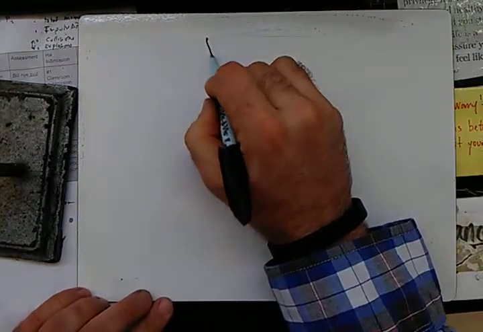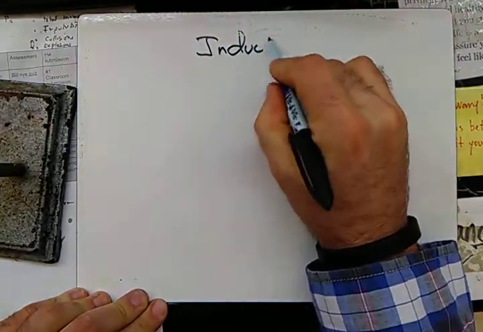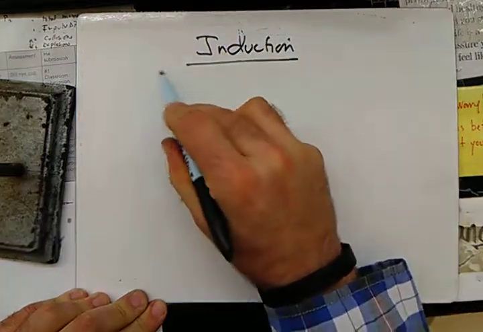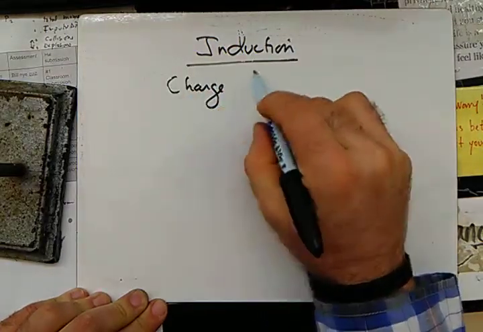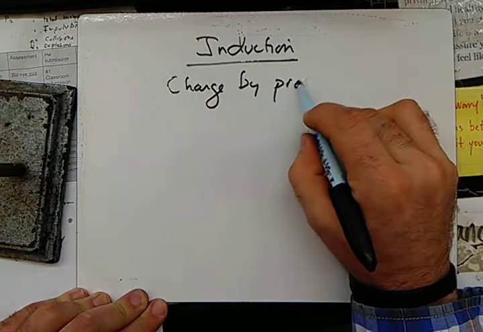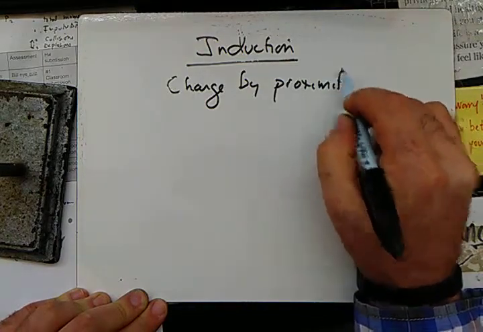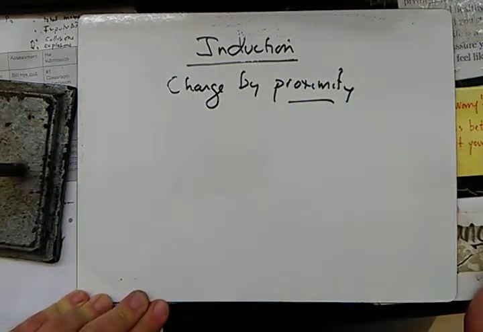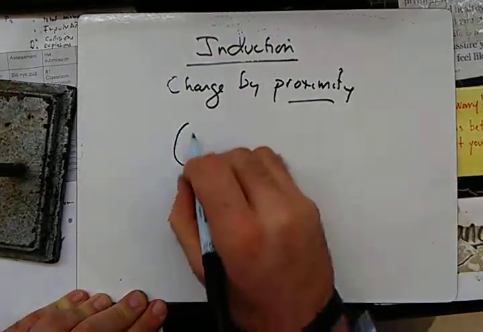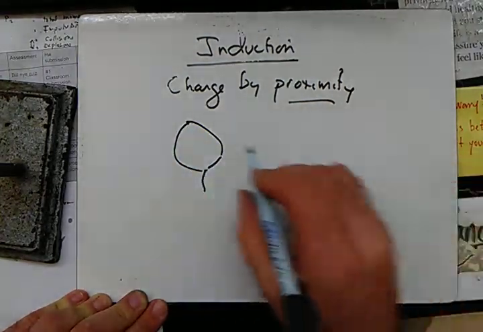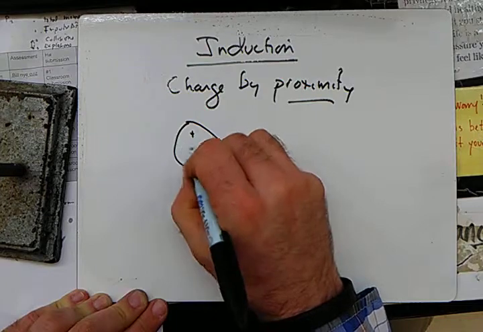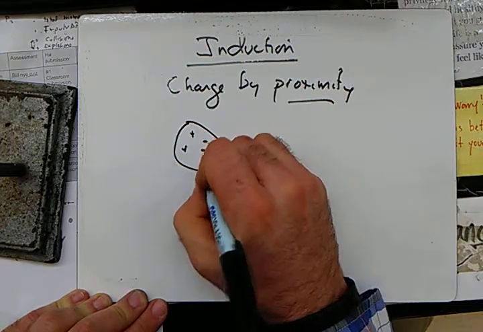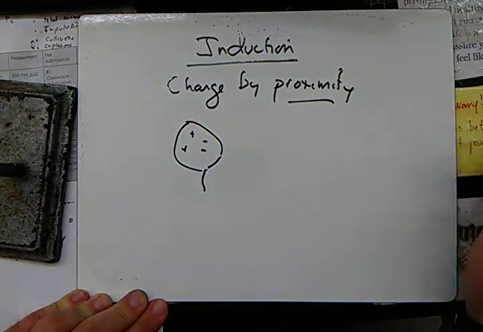Okay, a little on induction. Induction is charge by proximity. That means you have, let's say, a charged sphere here, and it's got an equal number of positive and negative charges on it.